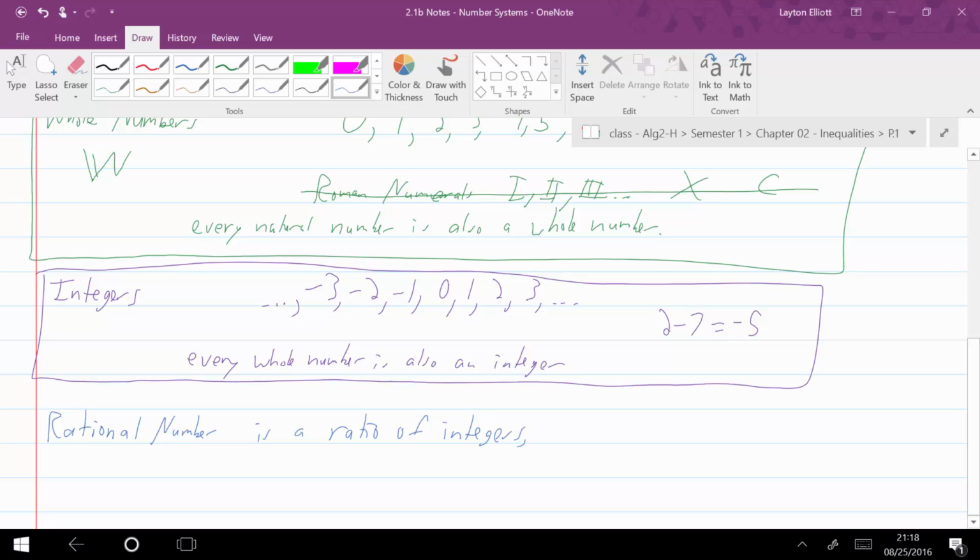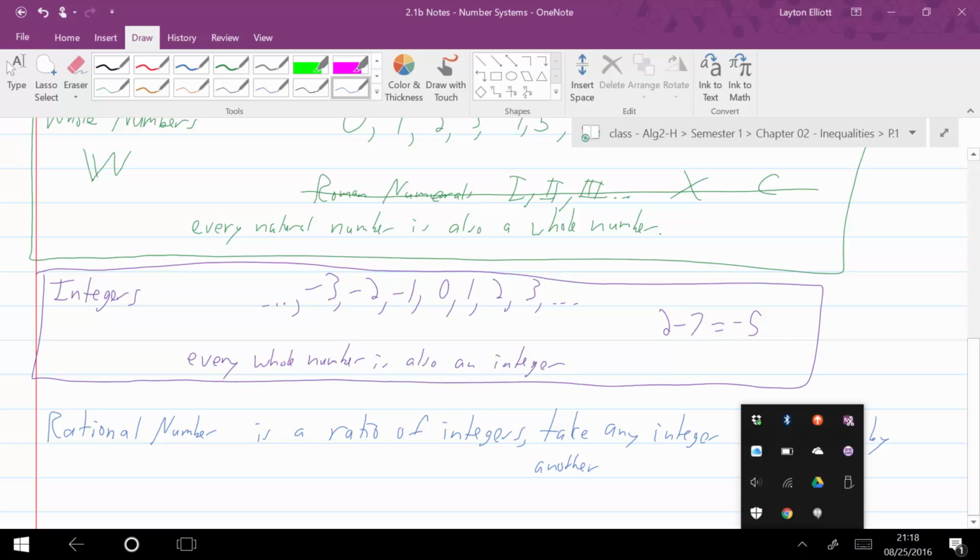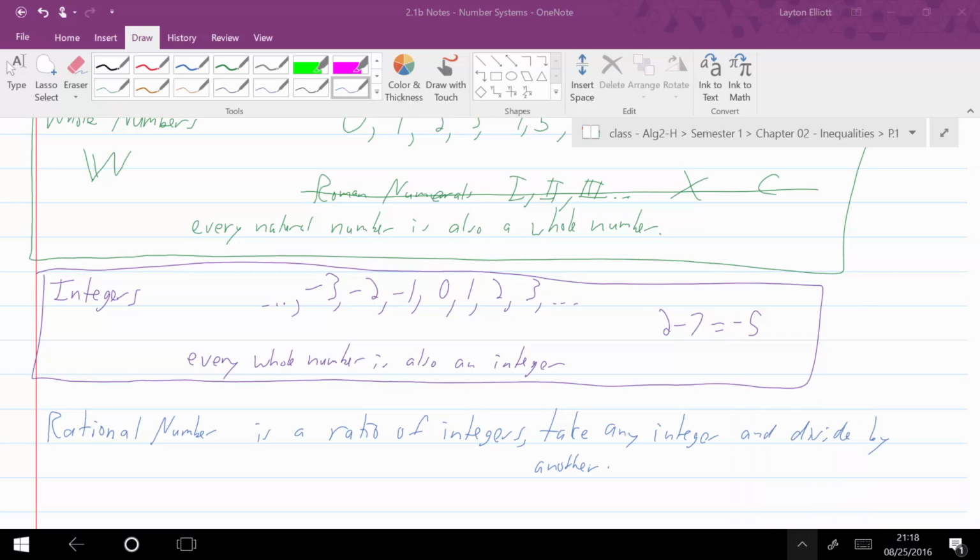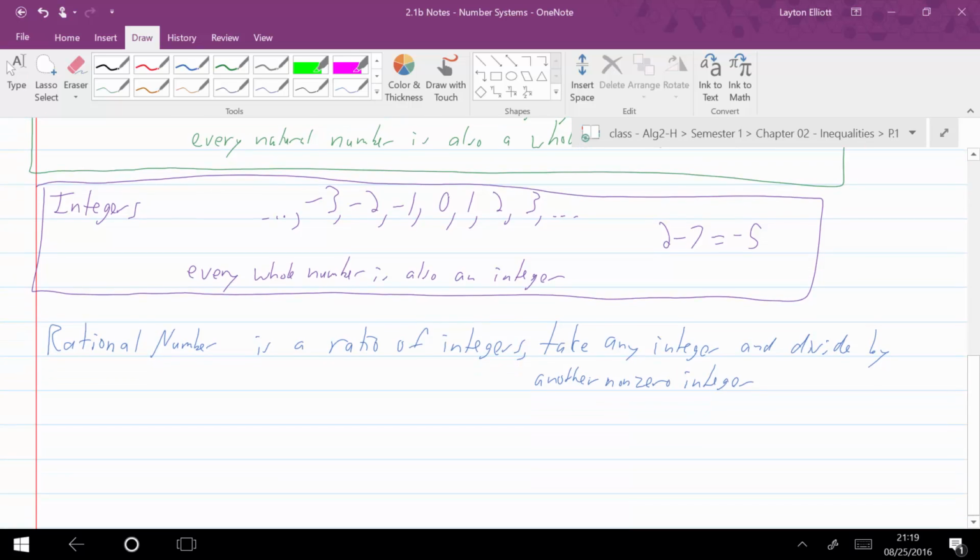In other words, we take any integer and divide by another integer. And we've got to be really, really careful about that, because there's one integer we can never divide by, so we'll say another non-zero integer. And then we're okay. We've covered all the possibilities.